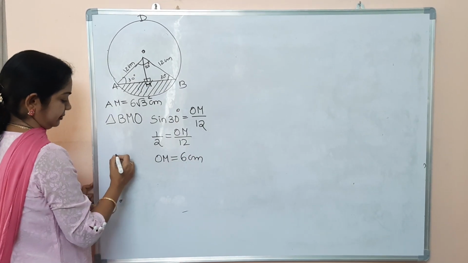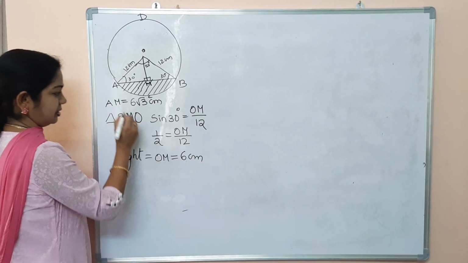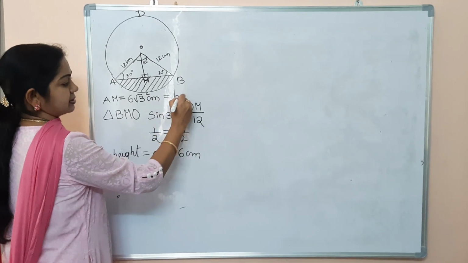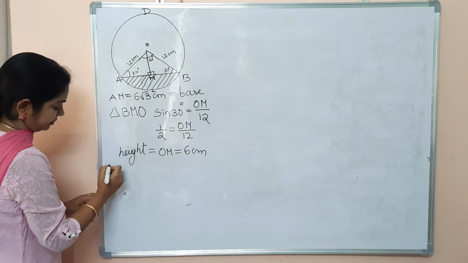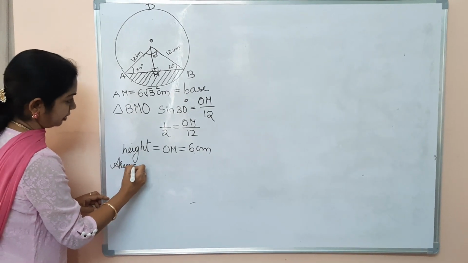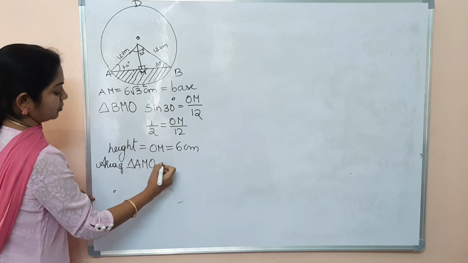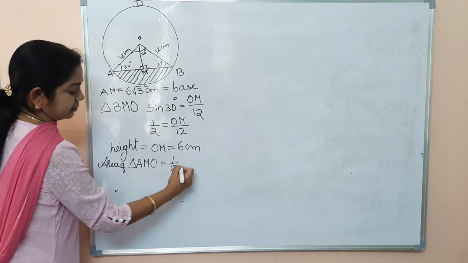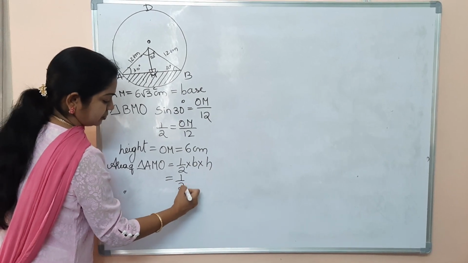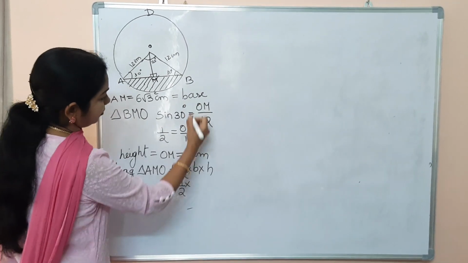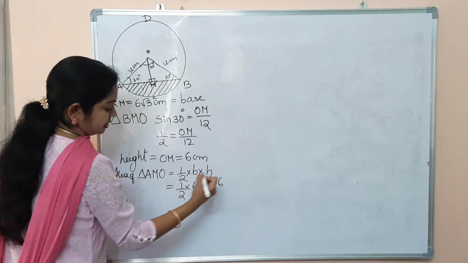So the height of the triangle is 6 centimeters. This AM is the base. So we will find the area of the triangle AMO. Half base into height, that is equal to 1 by 2 into 6 root 3 into 6.